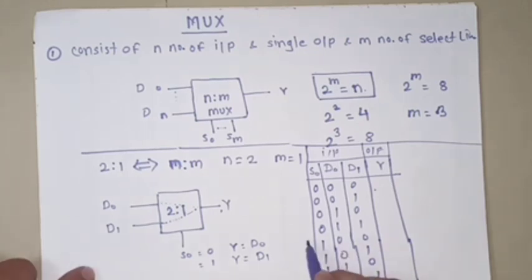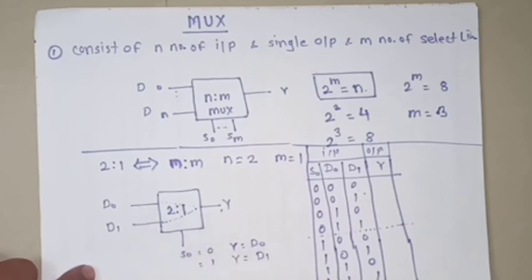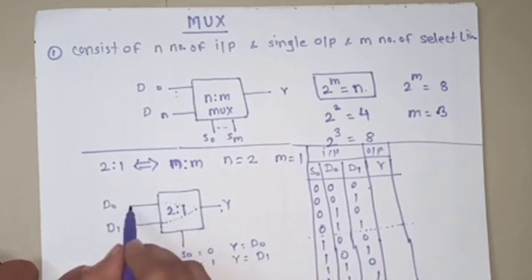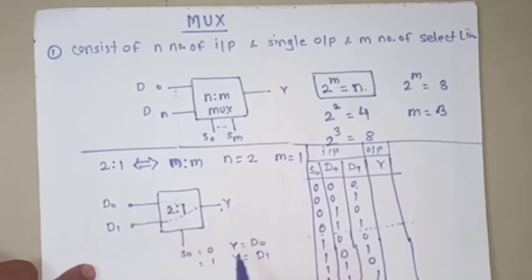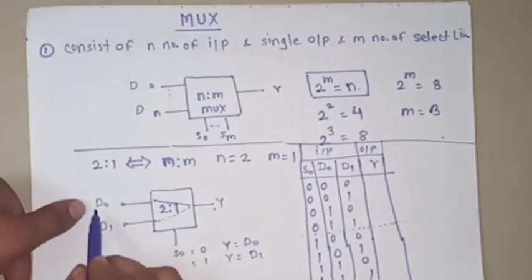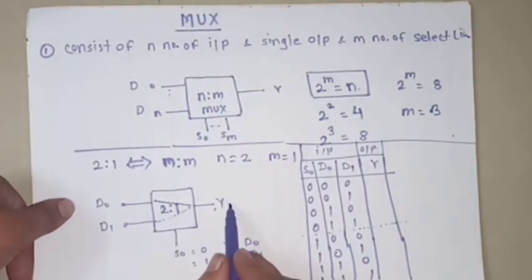Now when S0 is equal to 0, output Y is D0. Whatever the value of D0 we provide from this input line will appear at Y. Suppose S0 is 0, at that time D0 will be connected to Y. So if the value of D0 is 0, Y is directly 0.